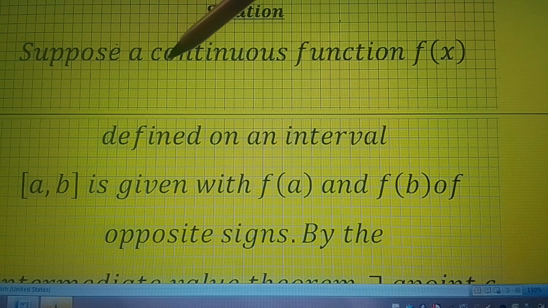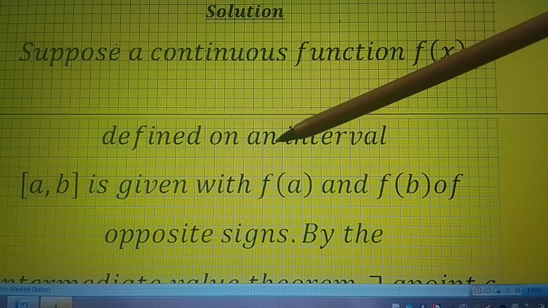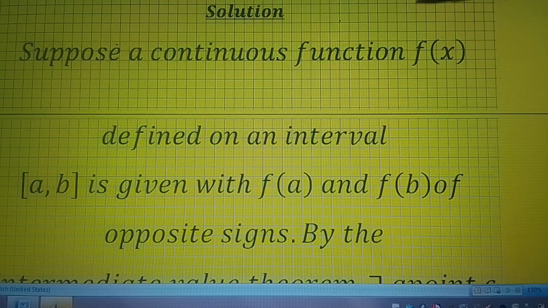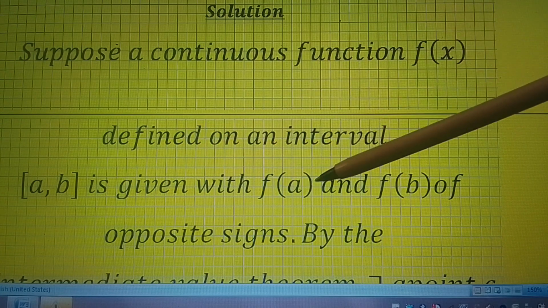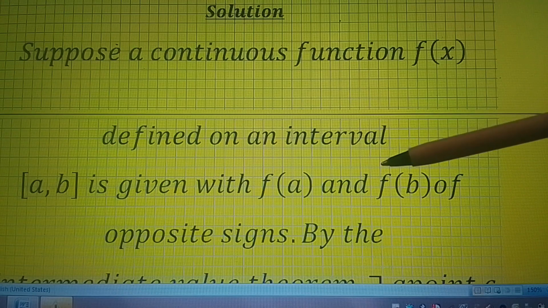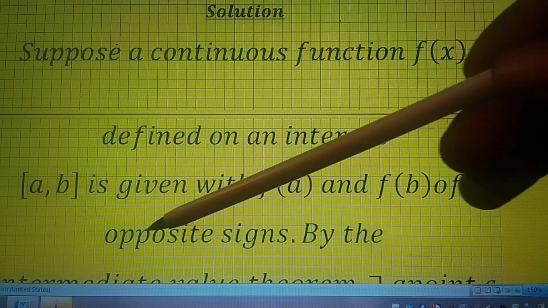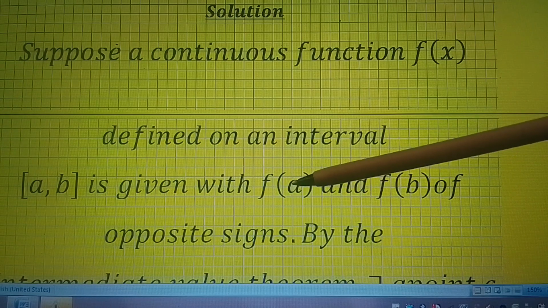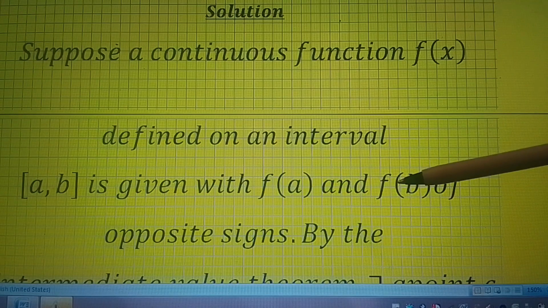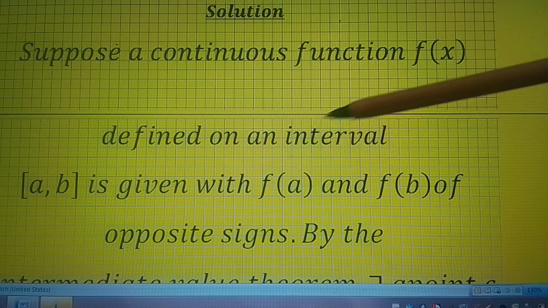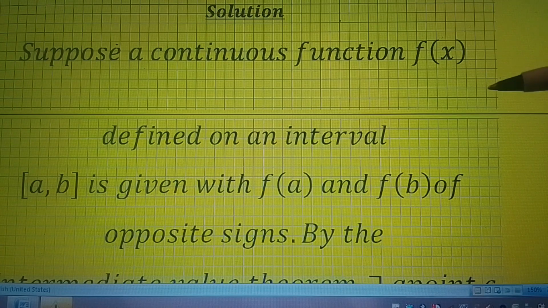Suppose a continuous function f of x defined on a closed interval [a, b] is given, with f of a and f of b of opposite signs. Opposite signs here means if f of a is negative, then f of b is positive, and if f of b is negative, then f of a is positive.